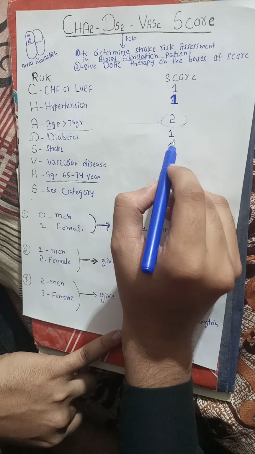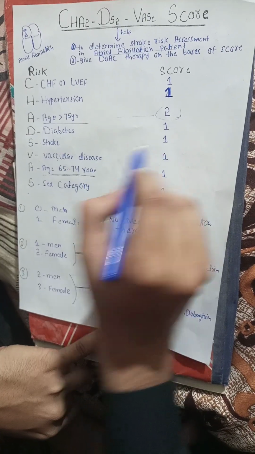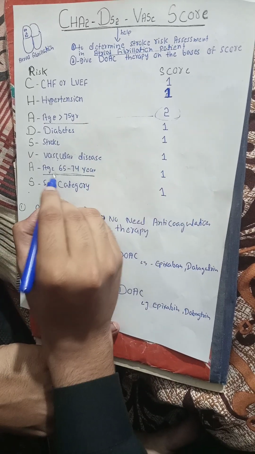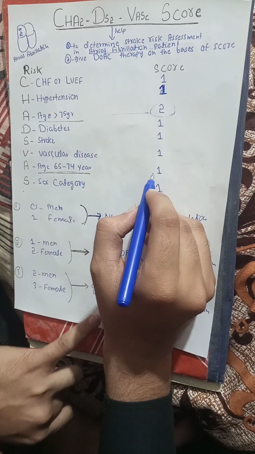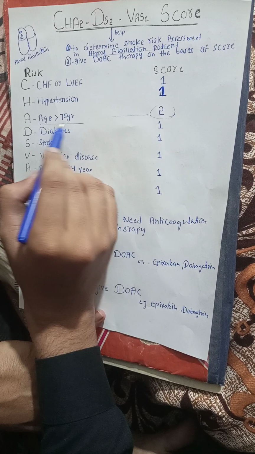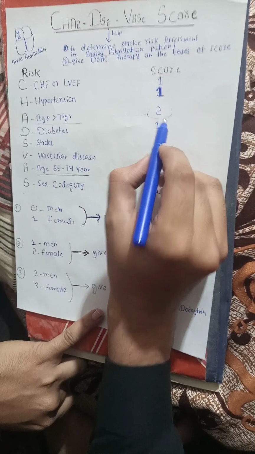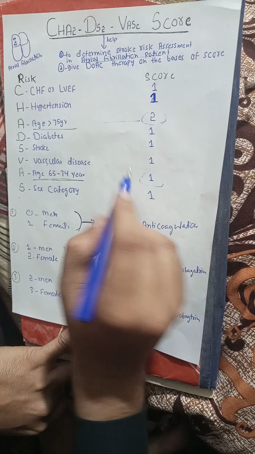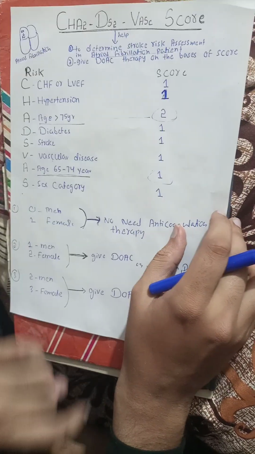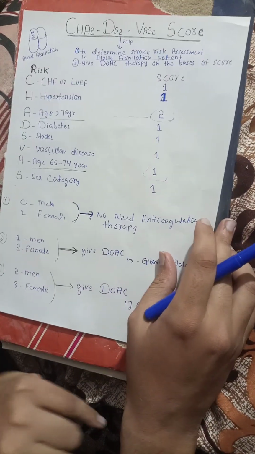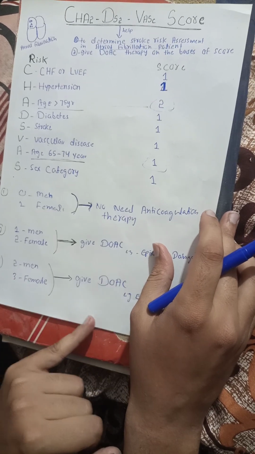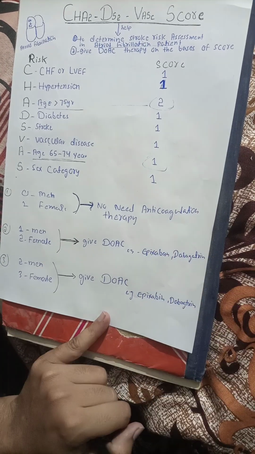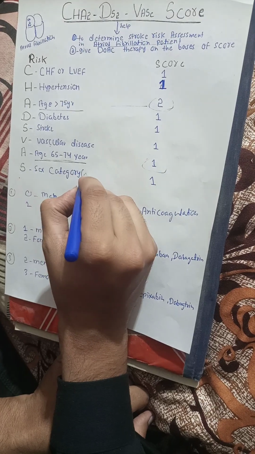Diabetic patient score is 1, stroke score is 1, vascular disease score is 1, and 65 to 74 years score is 1. The important thing is that when the age is greater than 75 years, the score is 2, but when the age is 65 to 74 years, the score is 1. This is the main thing that is mostly ignored, and then we cannot calculate the CHADS-DS2-VASc score correctly. And sex category, a woman, is 1.